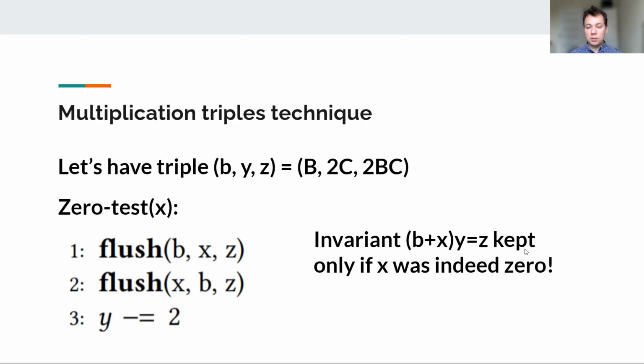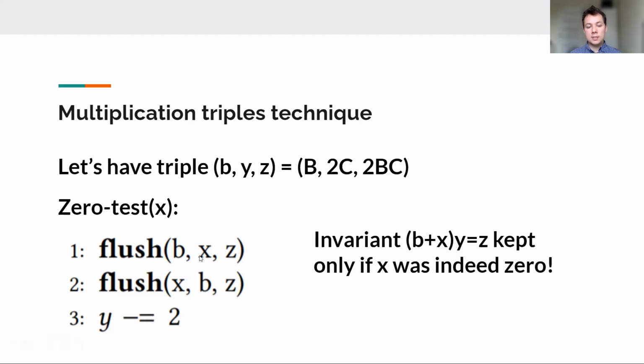And how is it kept? Note that the left-hand side after the zero test is decremented exactly by 2b because only y changed. And the right-hand side is incremented by the number of executions of this loop in this flash.